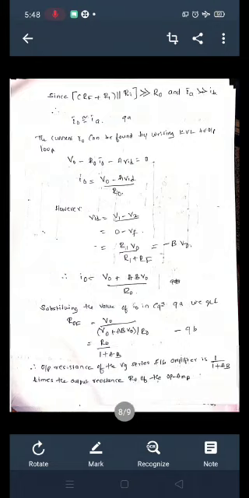You know the value of V1 is equal to 0 and V2 is equal to Vf. Substituting the value of Vf, that is the feedback voltage, R1 into V0 divided by R1 plus Rf, and R1 divided by R1 plus Rf is nothing but the feedback gain B, so it is B into V0.